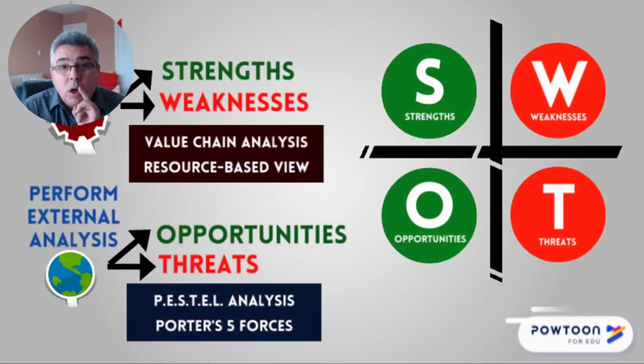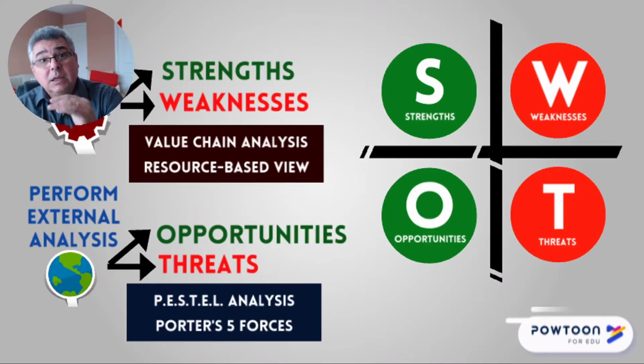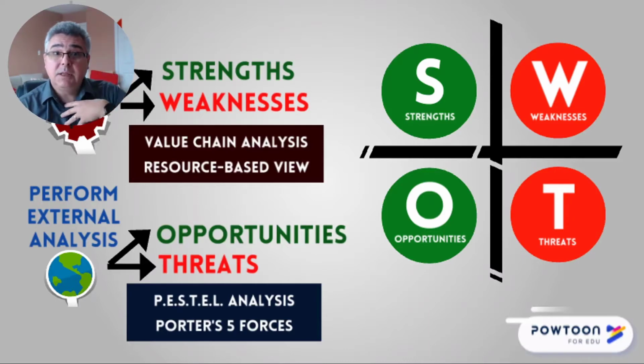Again, don't go direct to the diagram. Perform value chain analysis first, resource-based view first, PESTLE analysis first, Porter's five forces first. Then, from that analysis, you'll understand what helps and what hurts the company. What helps, if it's internal, is a strength; internal things that don't help are a weakness.